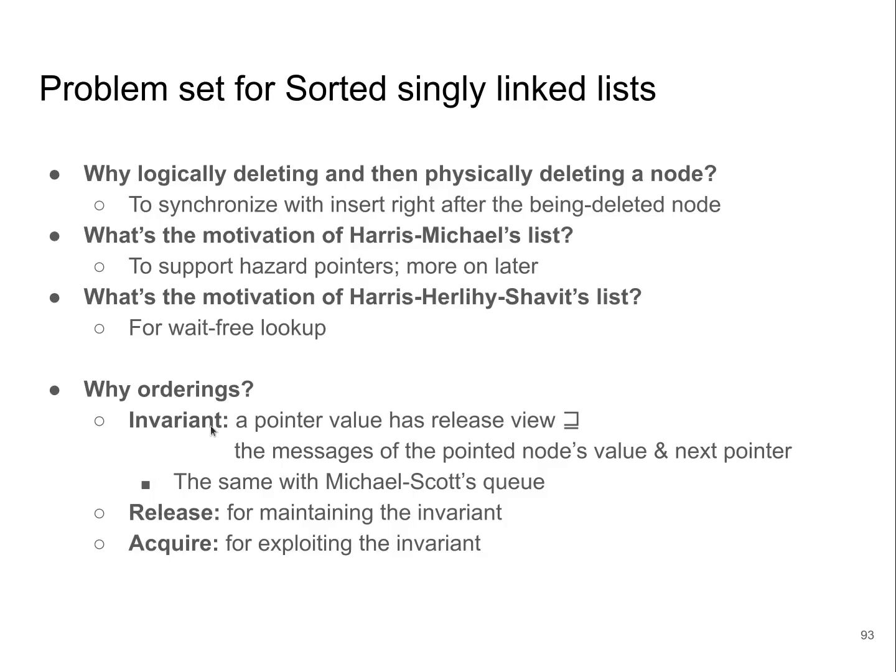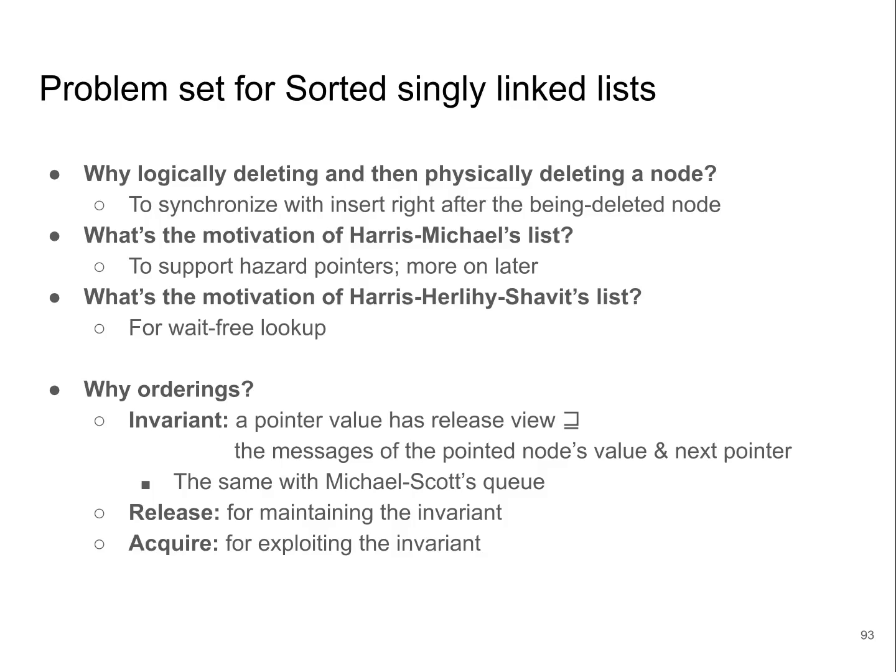The invariant is that at every pointer, be it a head pointer or the next pointer of a node, every pointer value has a release view according to the promising semantics, and its release view is greater than or equal to the messages for the next pointed node's value and its next pointer.